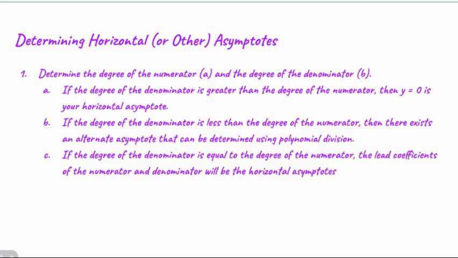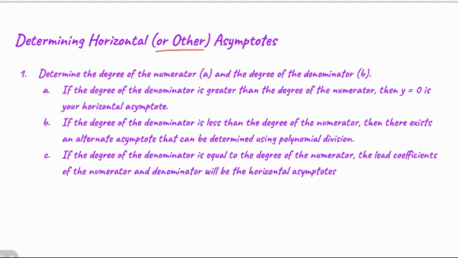Okay, so now let's talk about horizontal asymptotes. I put or other asymptotes, but at the end of the day, we've only been talking about horizontal asymptotes. We can leave the others. I just want to give you the criteria. And there's a lot of words on this page, so let's just try to take in the words for what they mean, and then we're going to go over some examples together.